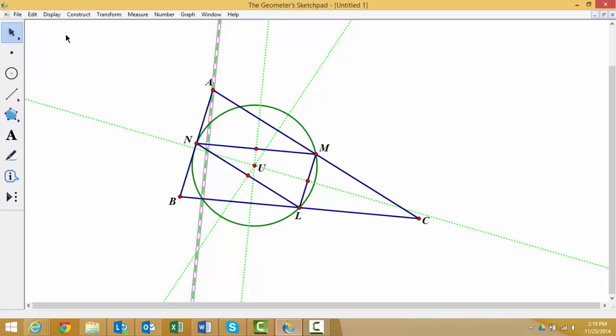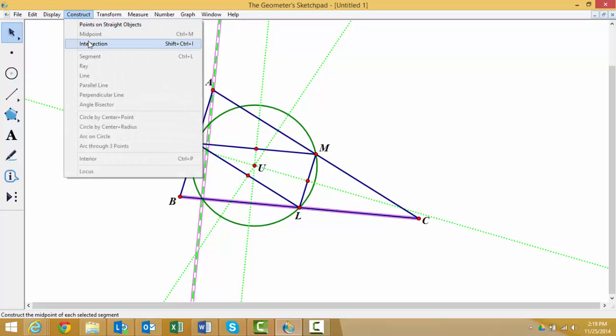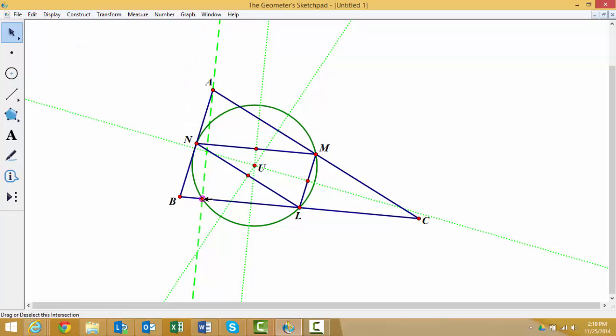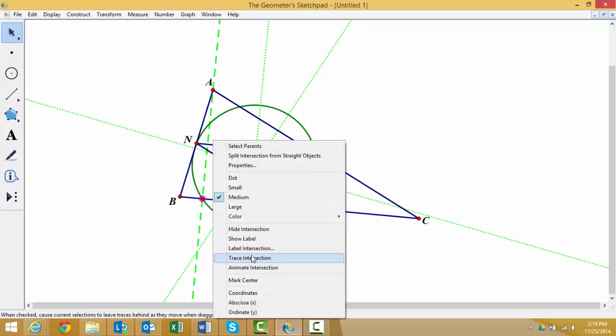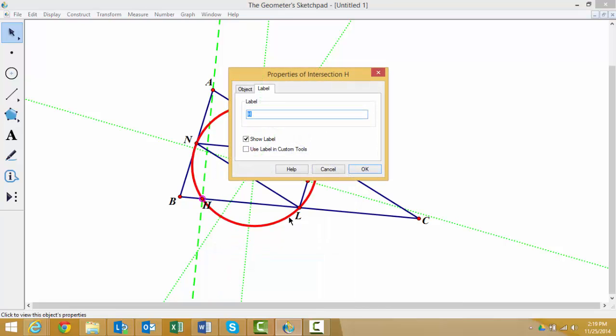You can see that, so that's my altitude. And then I want to construct the intersection of the altitude and the side. And that intersection point, I'm going to call that D. Let me say okay.